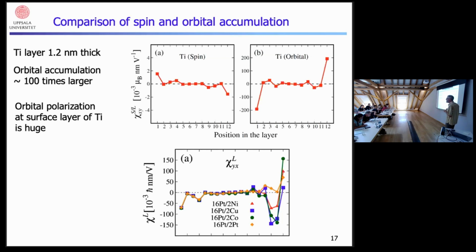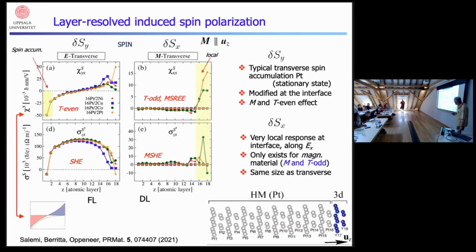However, there is one thing that has maybe not been mentioned so much in the previous modeling. What happens is that this is the layer that is set. After that, you don't see much anyhow. So it is almost confined to the interface. That is a difference. When I look back here, this was the spin accumulation in platinum.